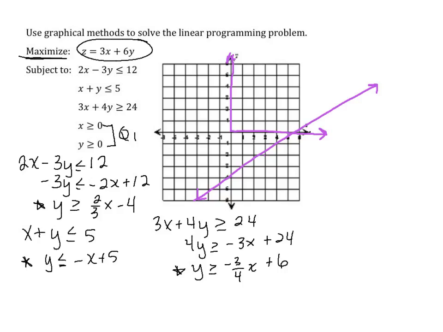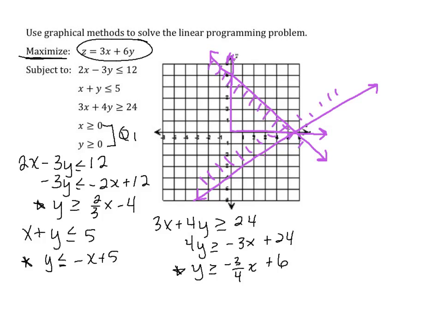Go up 5 and go down 1 over 1. Another solid line. So this one we want to shade above. This one we want to shade below. So we're still in that triangular area.